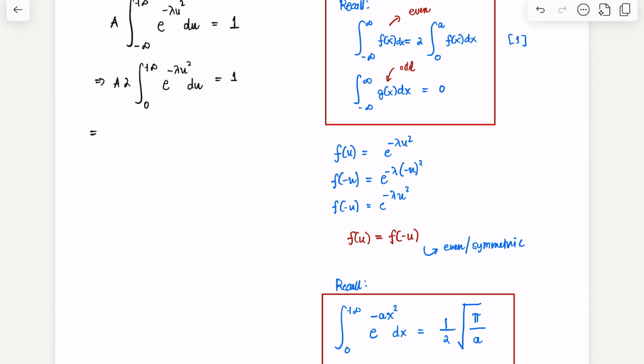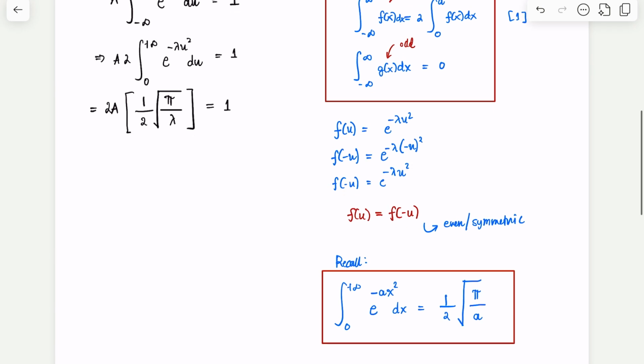So that means to say we have 2a, and then the entire integral would just be written as 1/2 square root of pi. And then our a is the constant, in this case this one here. So for our problem it's lambda. So you're just going to write here lambda. And then that's basically it. So it's equal to 1.